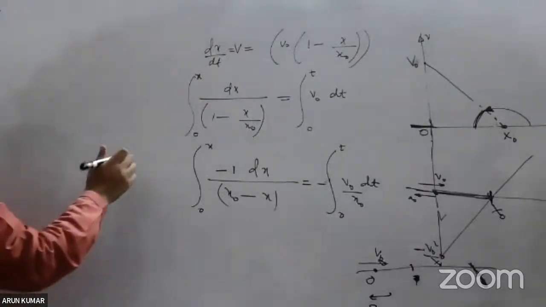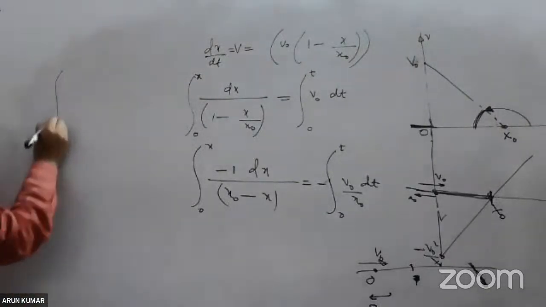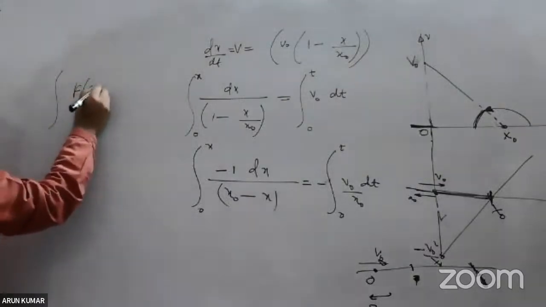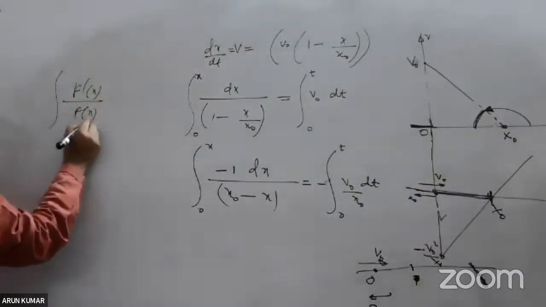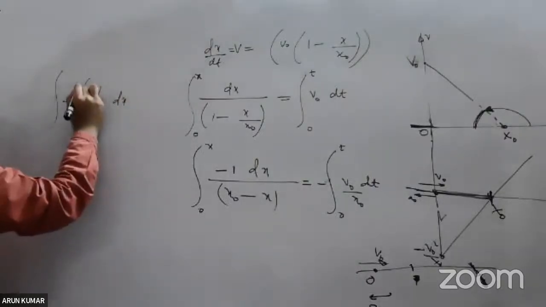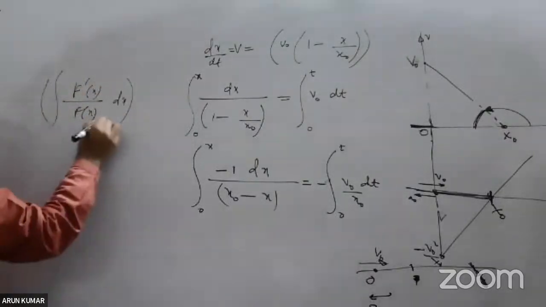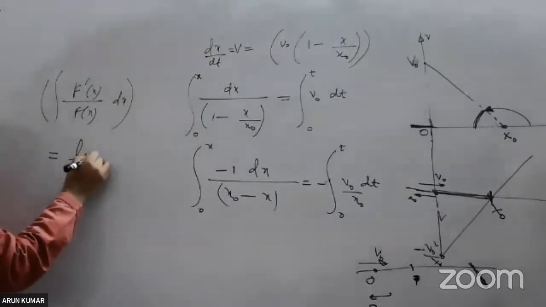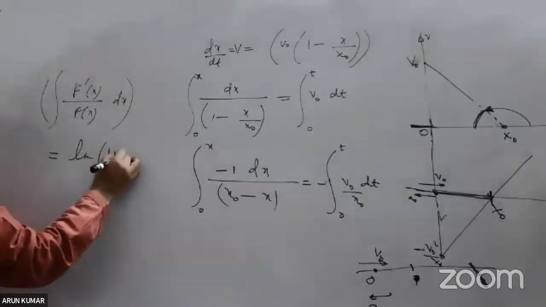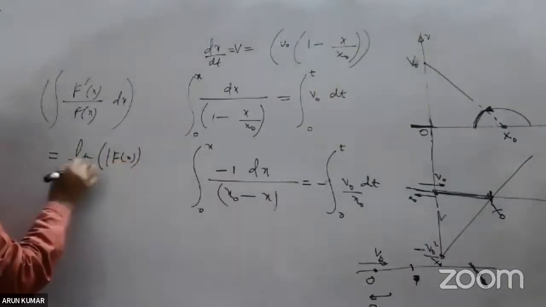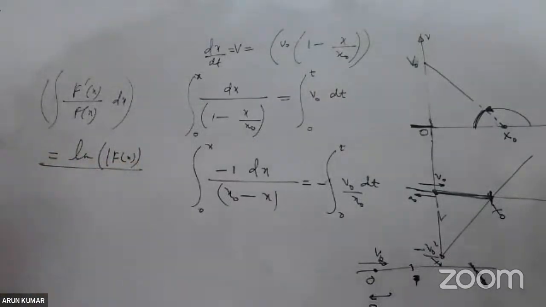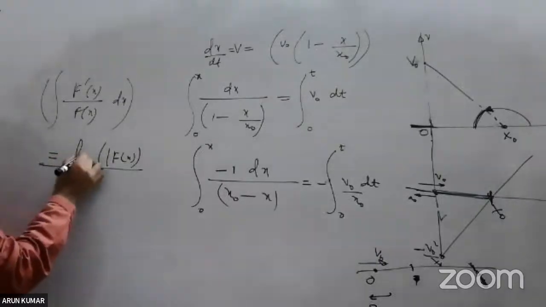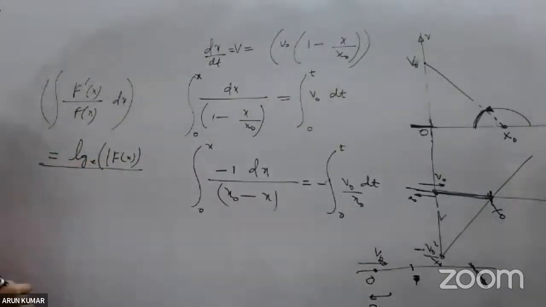This integral is integral of f dash by f of x dx. What is integral f dash by f of x dx? It is ln f of x.